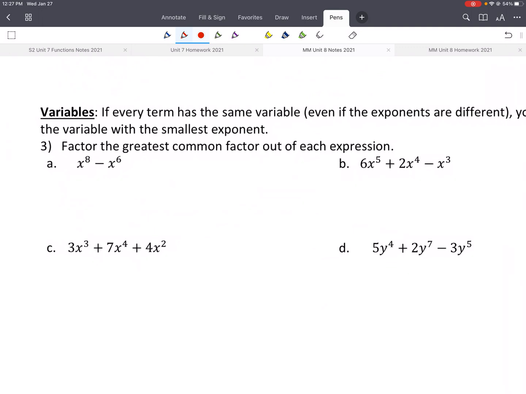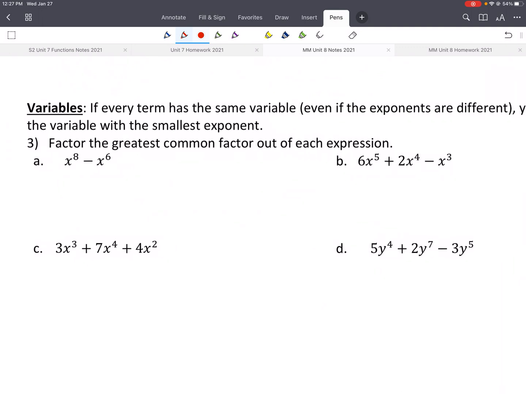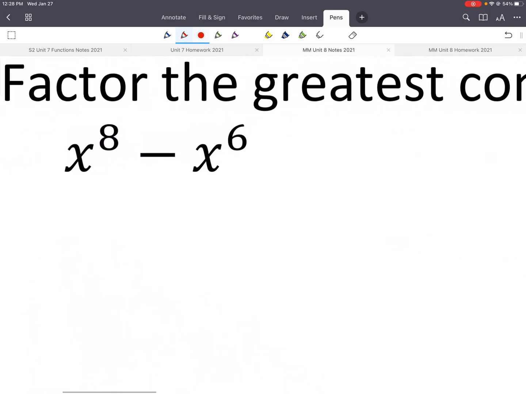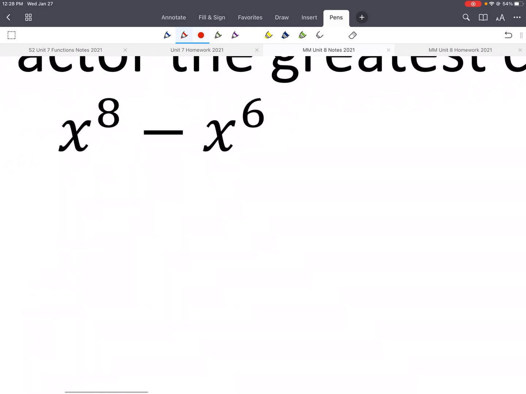All right, the greatest common factor can also be variables. Looking at this example, how many x's could we take? There are 8 x's here and 6 x's here.